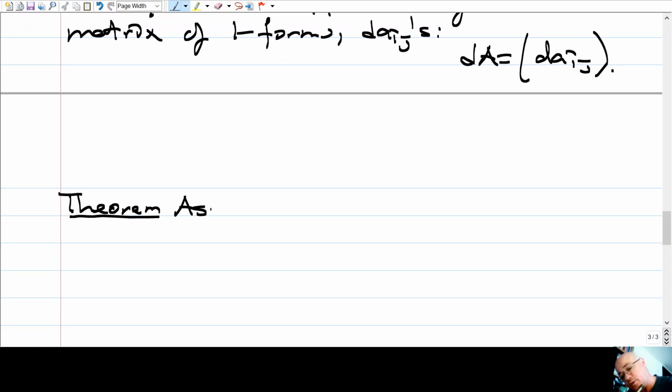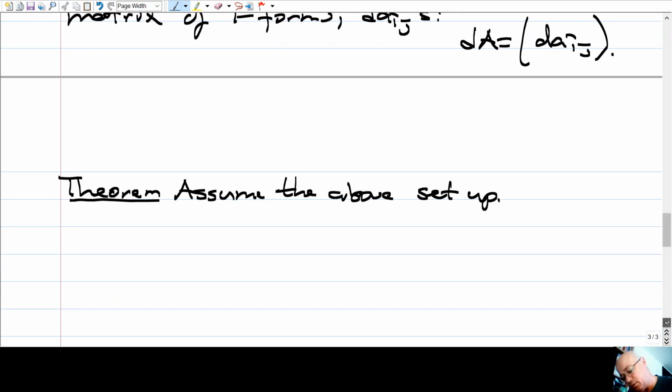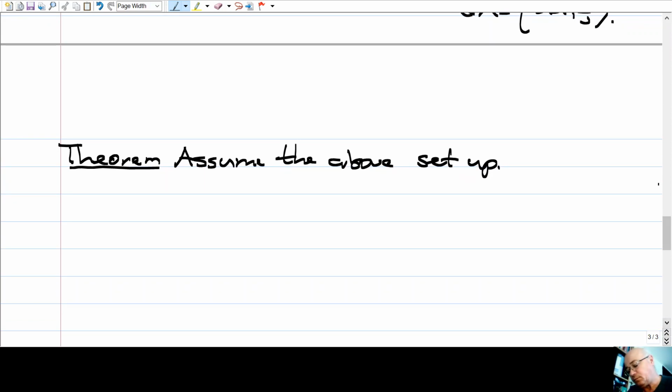Well, assume the above setup. So I have the frame field, the connection one forms and then the attitude matrix. The statement is this.